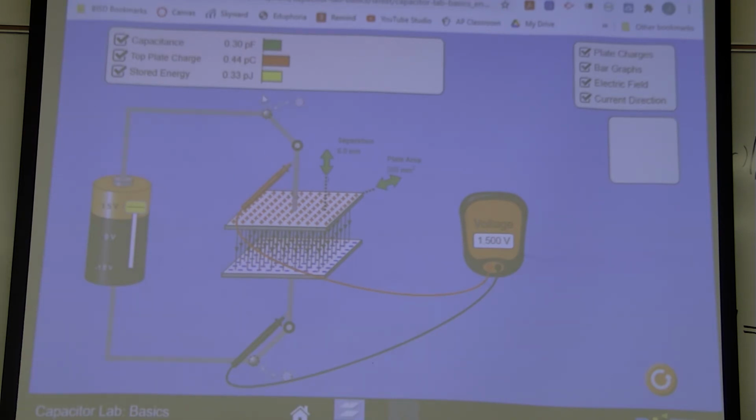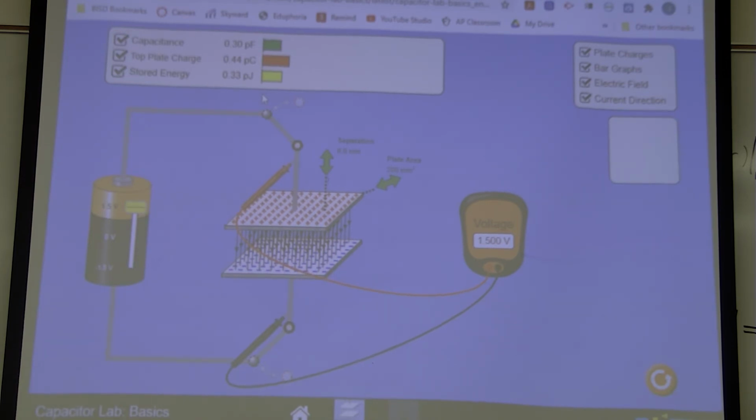So yeah, the capacitance doesn't change because capacitance is a function of capacitor geometry only. And you might want to remember that for an air-filled or a vacuum-filled capacitor, the capacitance is simply epsilon naught times the area over the plate separation distance d.